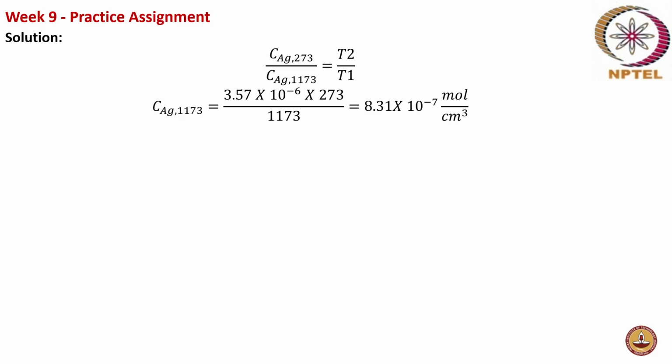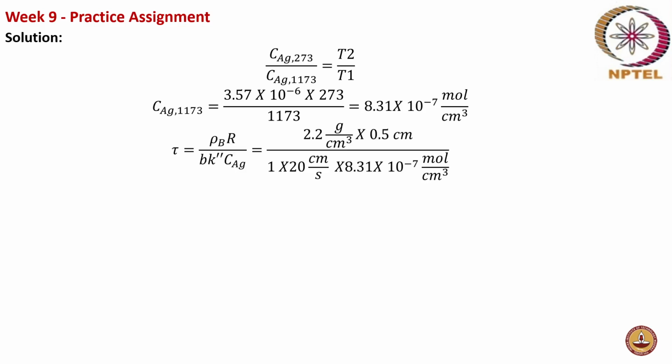So CAG at 900 degrees centigrade, or 1173 Kelvin, is 3.57 into 10 power minus 6 into 273 divided by 1173, which gives the concentration of oxygen at 1173 Kelvin as 8.31 into 10 power minus 7 mole per centimeter cube. Now we have the concentration; density is already given, radius is already given, b we have found, and K double prime is also given.